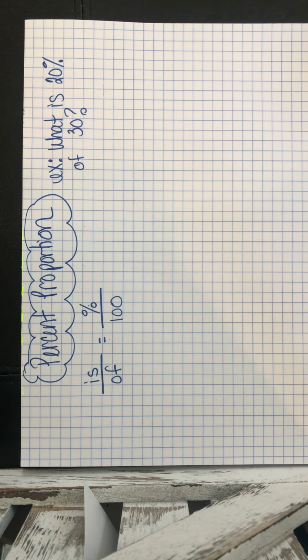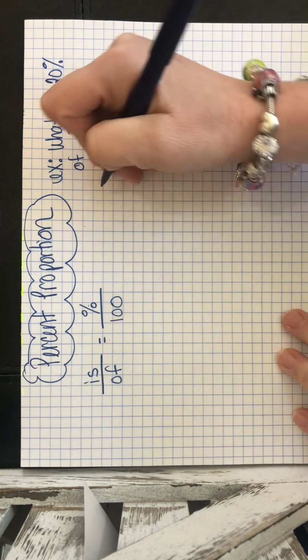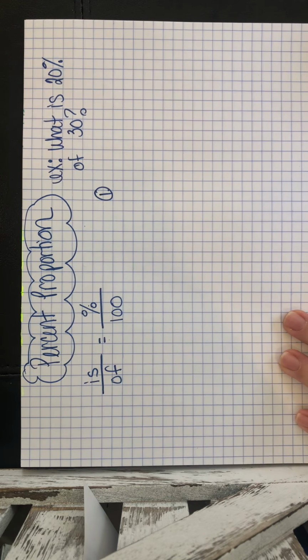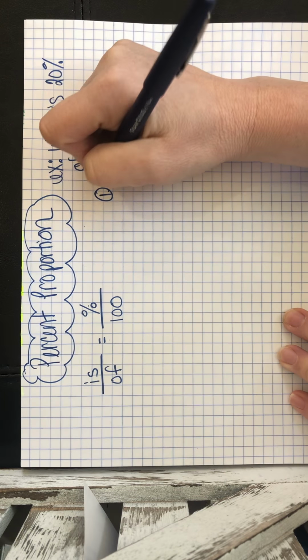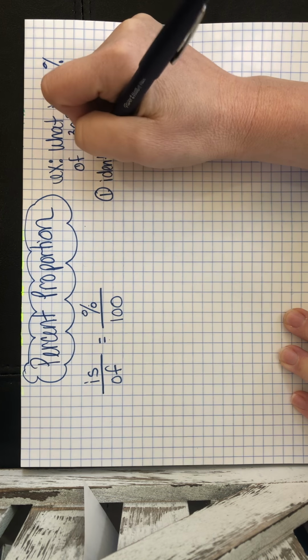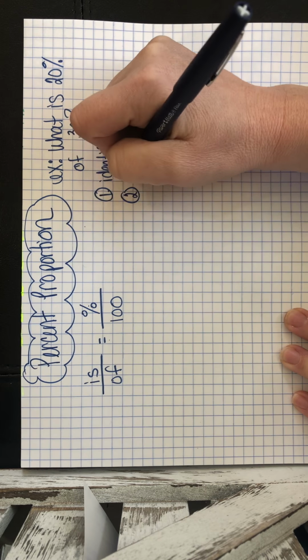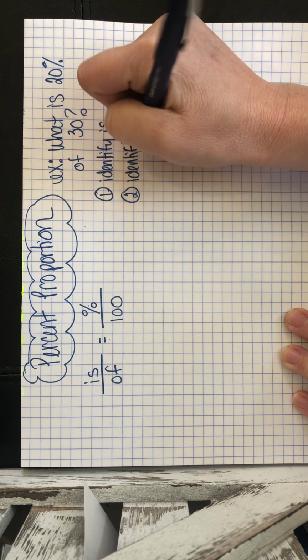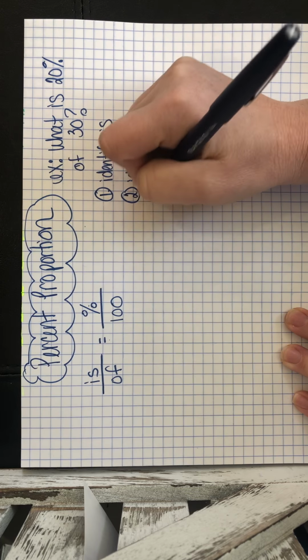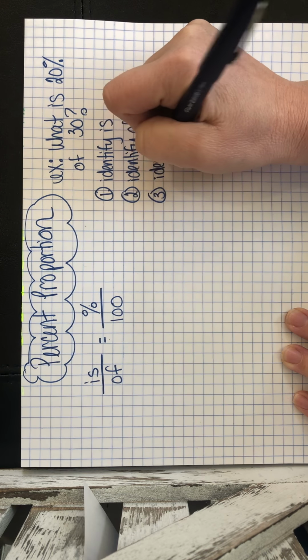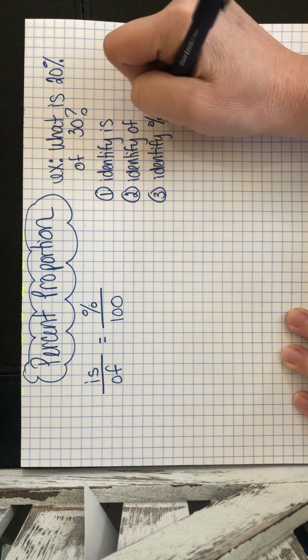What I would do is first identify my 3 parts. I would identify my is, I would identify my of, and I would identify my percent.